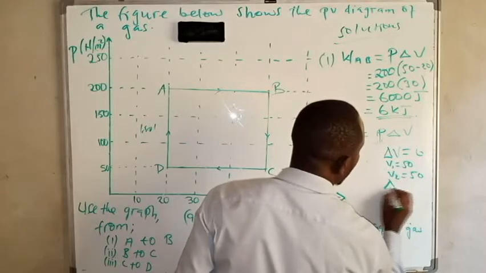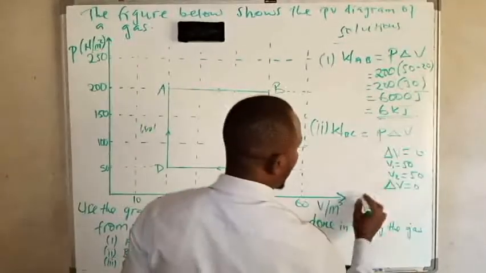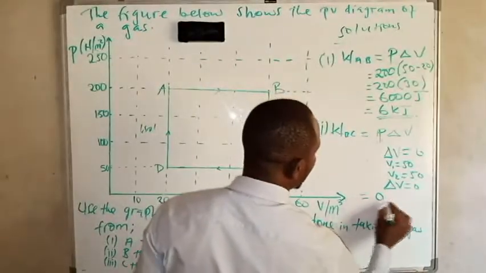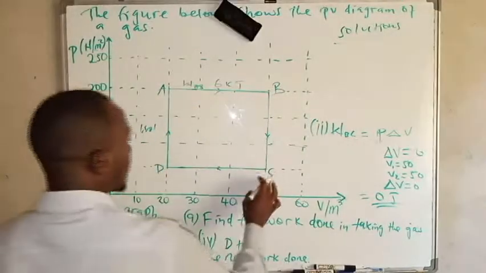So 0 times P gives us 0. This is the value for the second part.